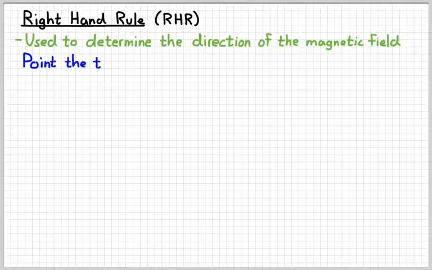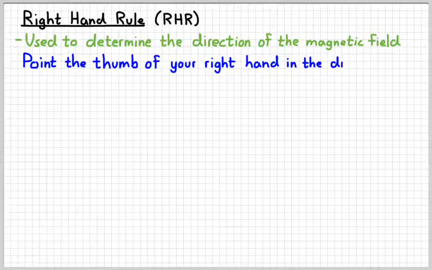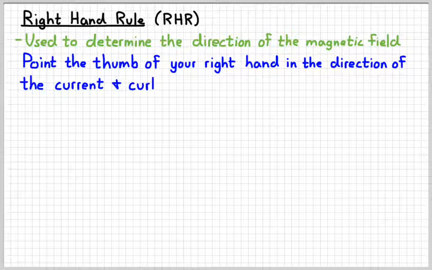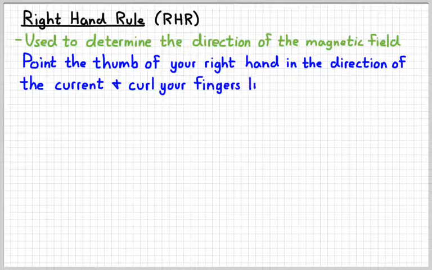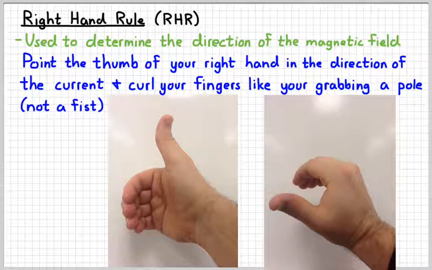Point your thumb in the direction of the current, make sure you're using your right hand, by the way. Then curl your fingers like you're grabbing a pole, not like you're making a fist. So your hand would look like that. Then your fingers indicate the direction of the magnetic field.